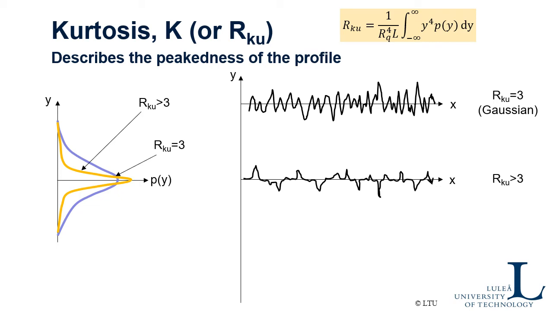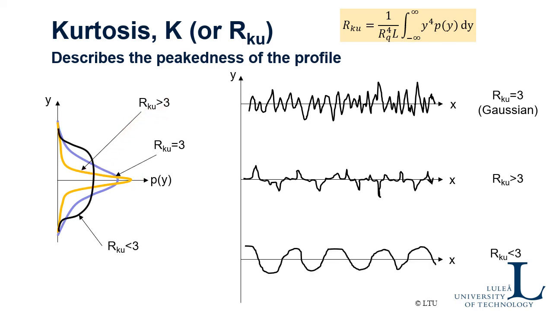If you have a profile looking something like this, with a lot of peaks and a lot of valleys, that means there is a higher probability to find the surface around the mean line, and a lower chance to find it off the mean line, like up here or down here. Then the probability curve could look something like this, and you get a kurtosis number that is bigger than 3.